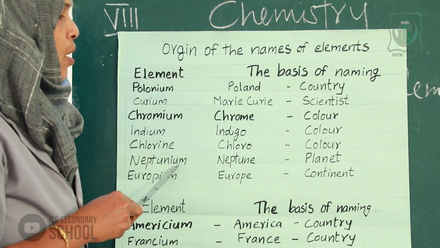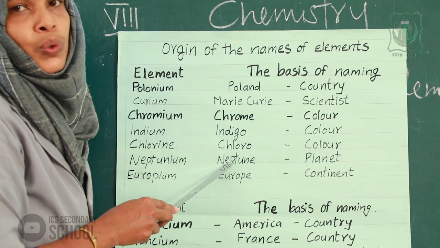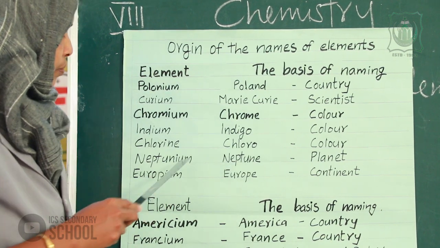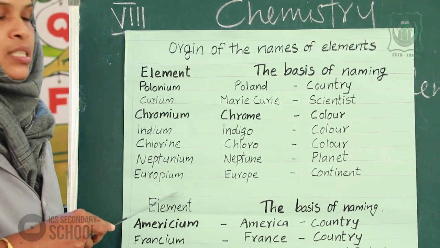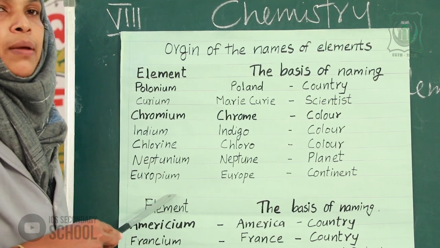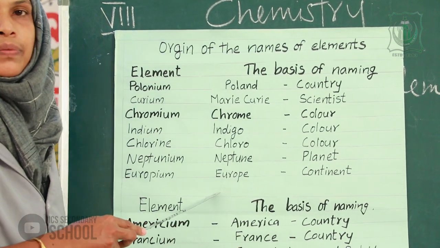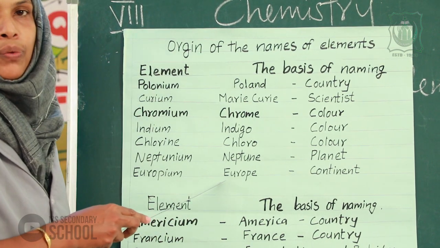The name originated from the planet name Neptune. Next one, europium. The name is originated from the continent Europe.